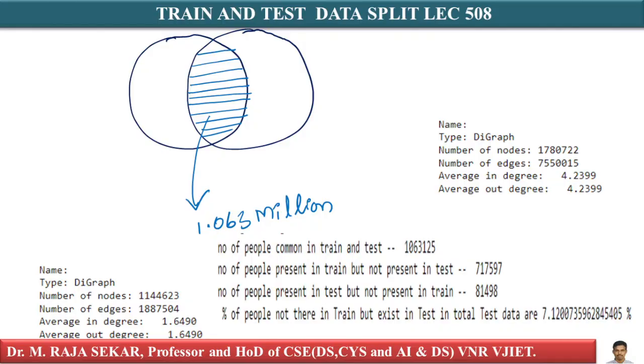If you observe this, just see what it says. It is the same Jupyter notebook, IPython notebook, I am following. People in my test data is 1,144,623, and what is the number of people in train data?